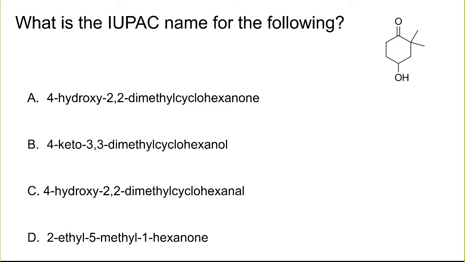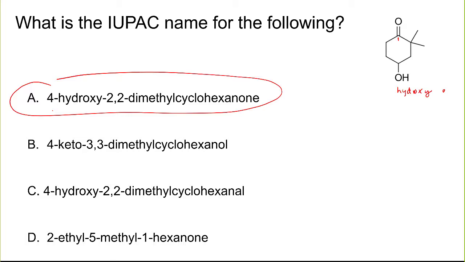Most of you guessed A, and we have a cyclic structure. So our ketone is at carbon 1. And this is 6 carbons, and so it's cyclohexanone. The alcohol group is treated as a hydroxy. And then we have methyl groups. So this will be 4-hydroxy, alphabetically; H comes before M. 2,2-dimethyl cyclohexanone. So A is the correct answer there. Questions on this one?